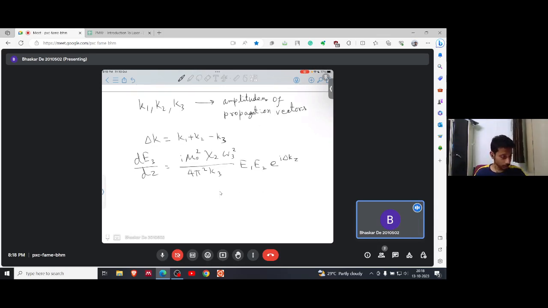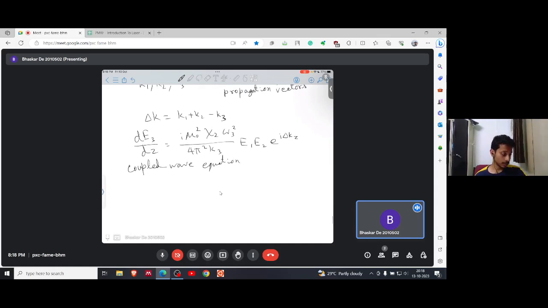So this is a coupled wave equation. This expression indicates how the amplitudes of waves of frequency omega1 and omega2 couple to produce a wave of frequency omega3.